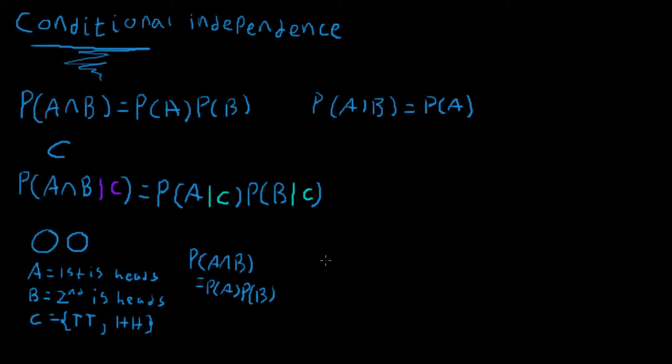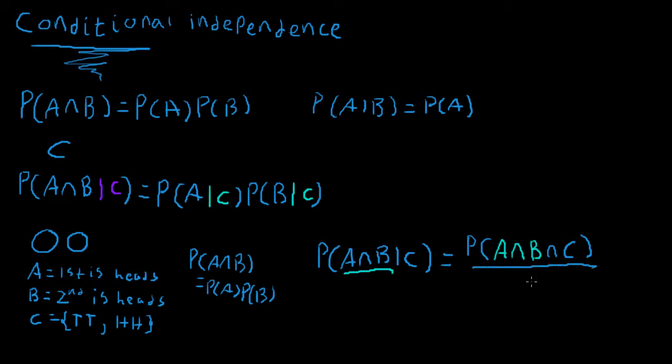But what about P of A intersection B given C? Well, remember that the definition of conditional probability is P of this intersection with this. So this whole thing is one event, right? So we treat that as one event, A intersection B. Now intersection with this over here, intersection C, divided by the probability of C. However, looking at this, what events are in here?